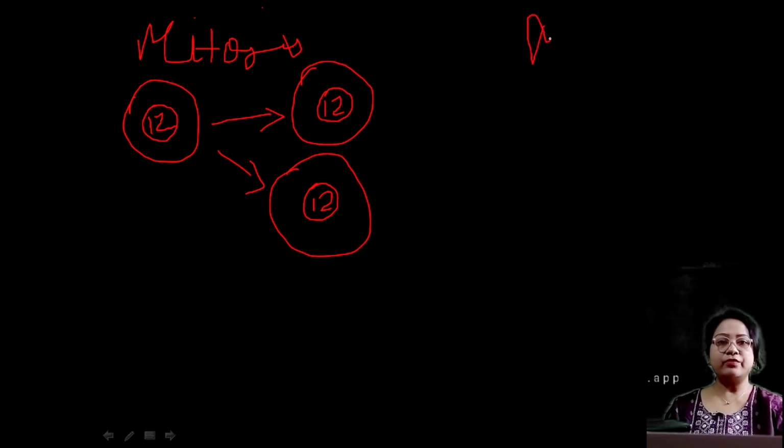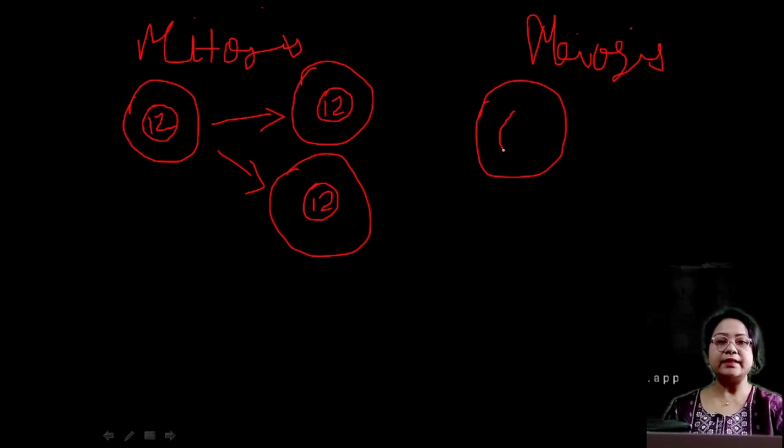But in meiosis, suppose this is the parent cell, and again this parent cell contains 12 chromosomes, suppose.